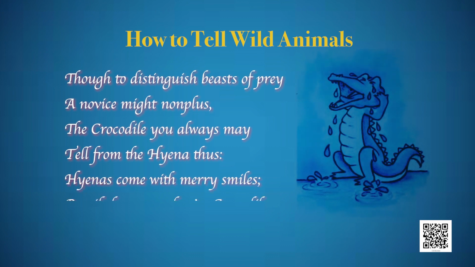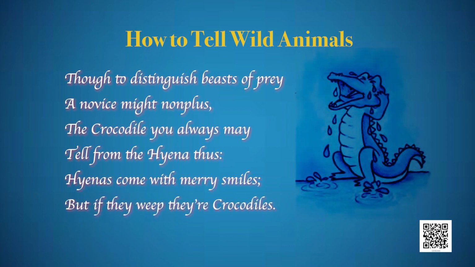Thus, hyenas come with merry smile, but if they weep, they are crocodile. So a person who doesn't know this will not understand. That is what a novice is: the person new to the job, who doesn't understand the thing. So he will see that this one smiles, it may not kill, and that one cries, it's with me. No, but they will do it.